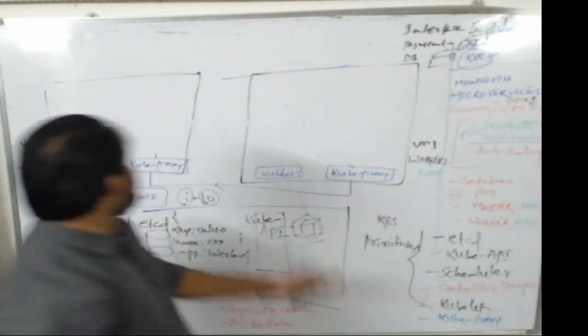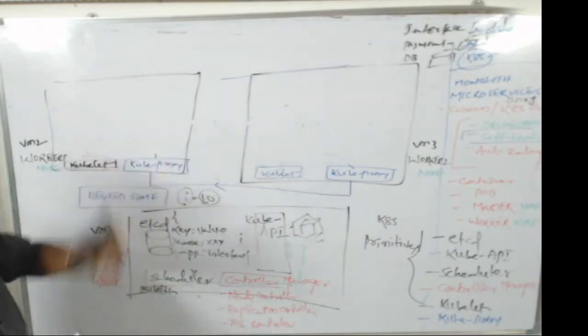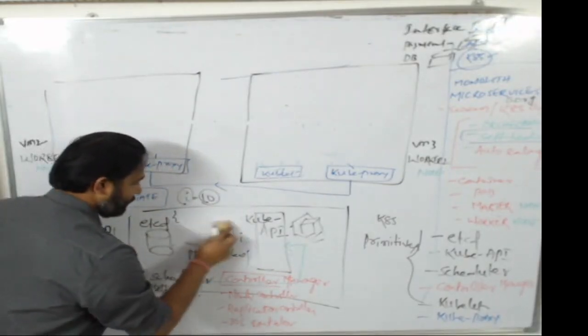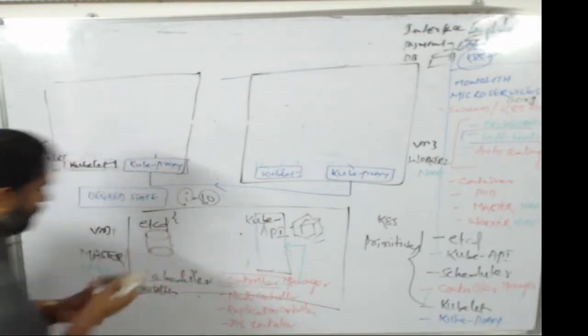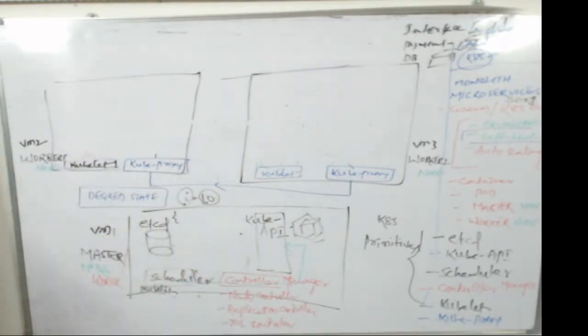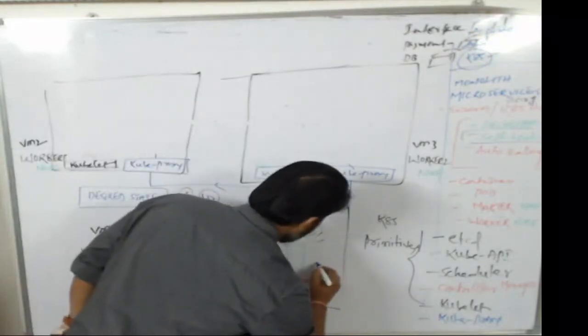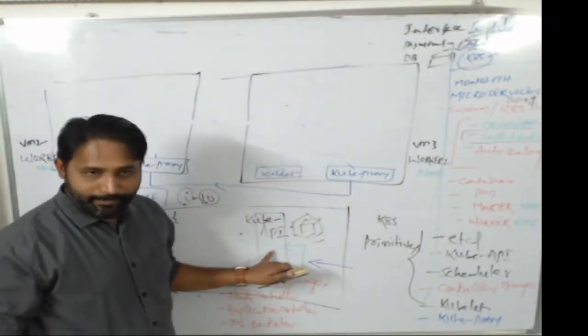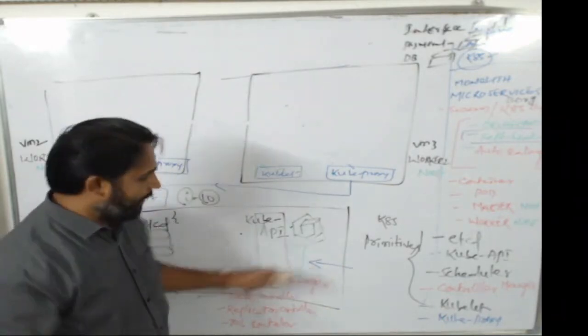Let's say the desired state you wanted for these 3 things, you have put in here into the etcd. And to put anything into etcd as a developer or as an administrator, you're going to contact the API as usual, just like anybody.